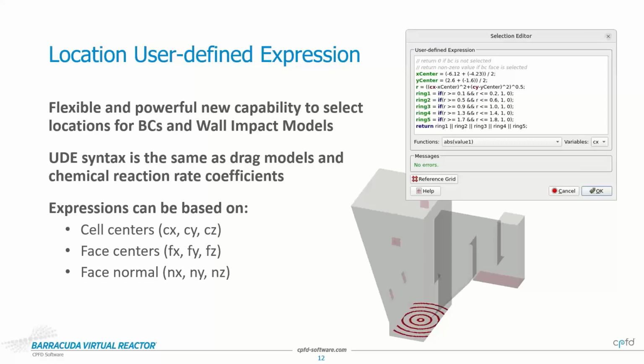If you were to select these same cell faces using traditional XYZ Cartesian boxes, it would probably require hundreds of individual BC definitions to achieve a complex pattern like this.